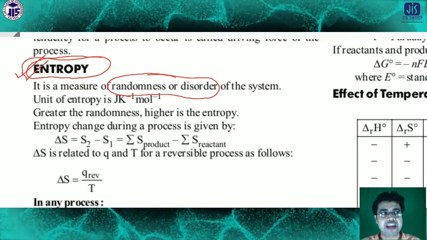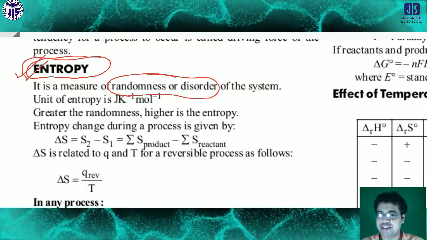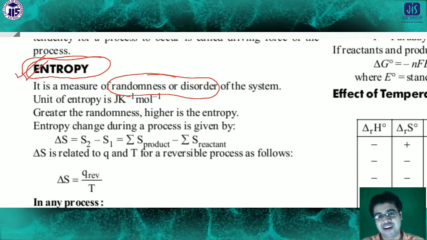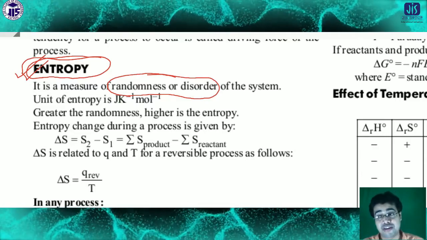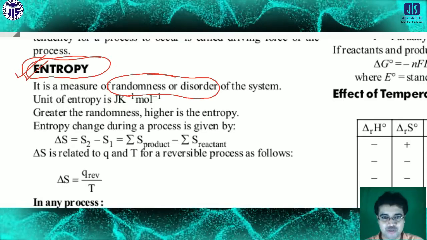So entropy can be measured in this way, but we can't define it in one sentence. It is a measurement of the randomness of the system.